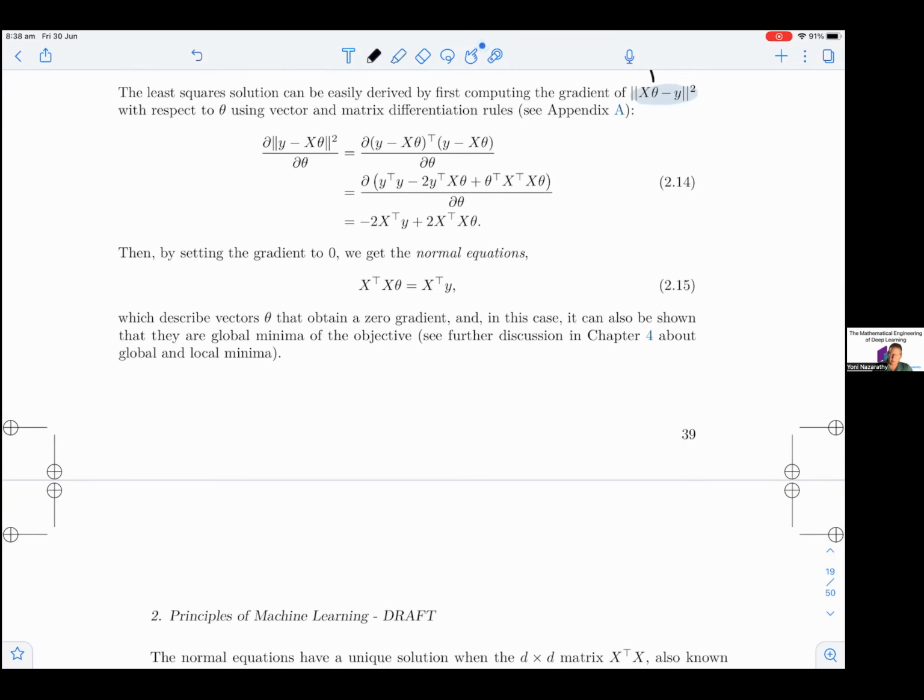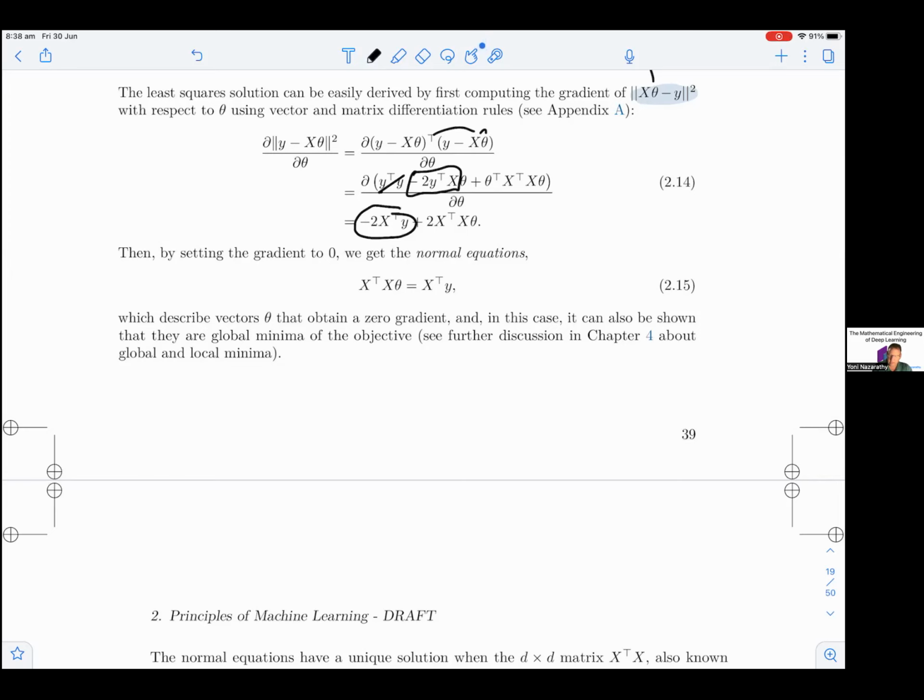Then if you open up the brackets, you get these four terms. Taking the gradient of each term with respect to theta: this term doesn't have any theta, so it disappears. This term, the gradient with respect to theta is this.